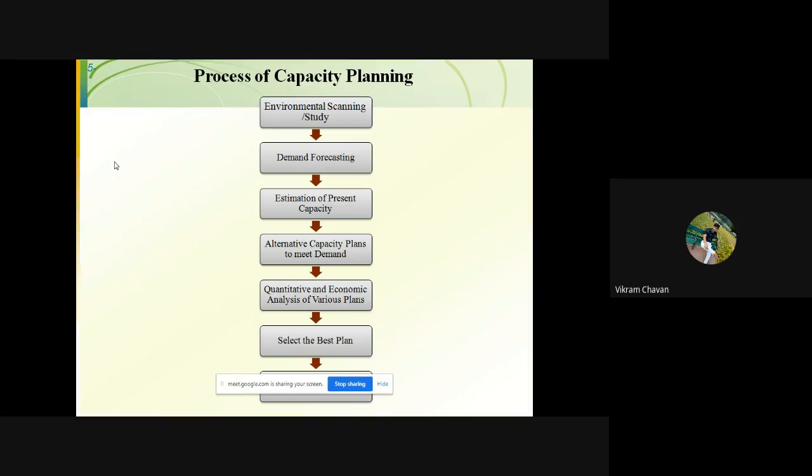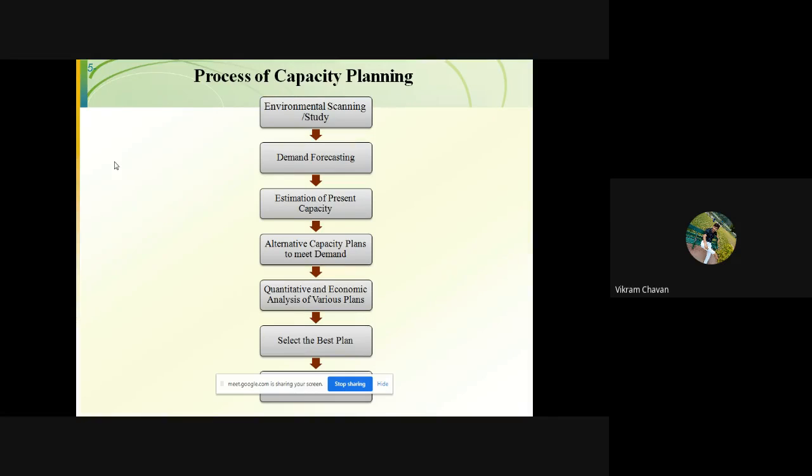Okay. Now I would like to start today's lecture. In the last lecture, we discussed the measures of capacity, how to measure the capacity. For that purpose, we saw different capacities like design capacity, system capacity, and the actual capacity.